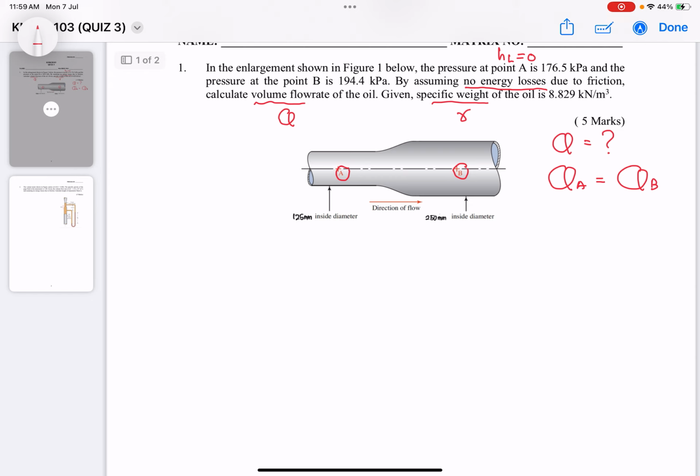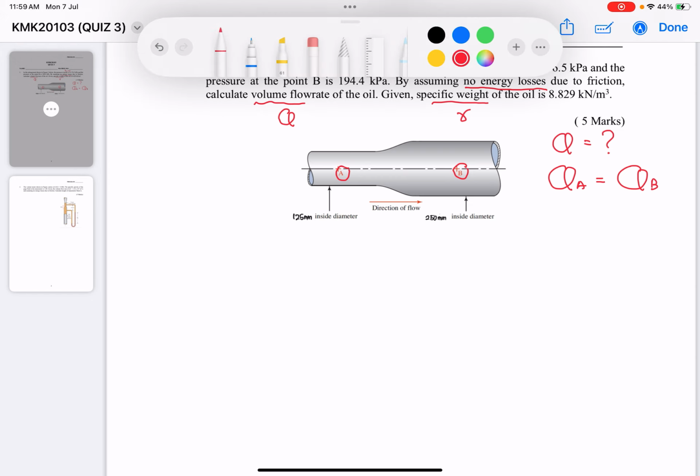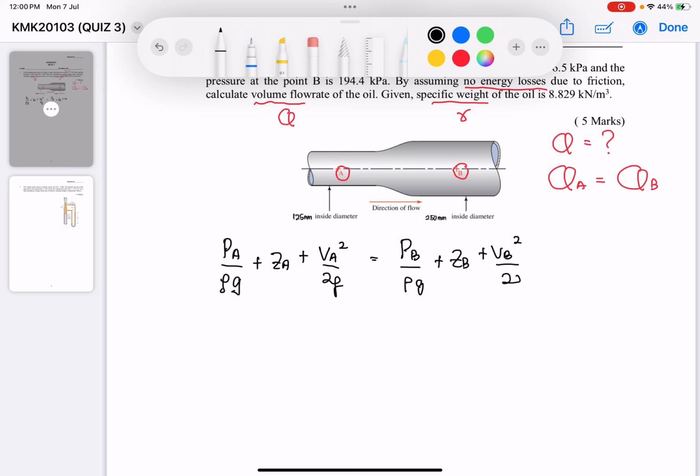So, I'm going to start this question by writing down my Bernoulli's equation. Pressure at point A over rho G plus ZA plus VA squared over 2G is equal to pressure at point B over rho G plus ZB plus VB squared over 2G.